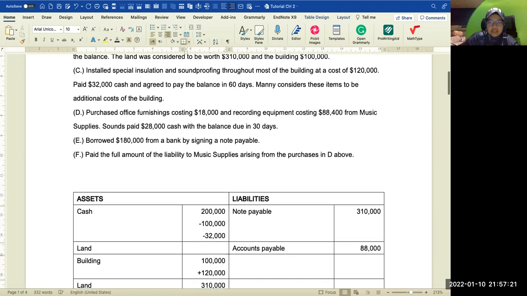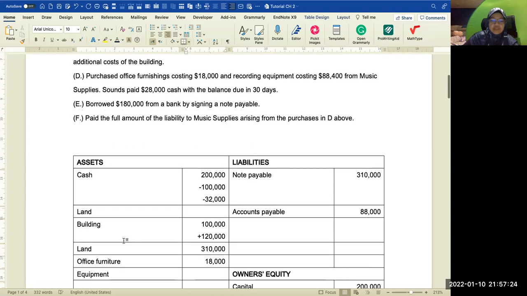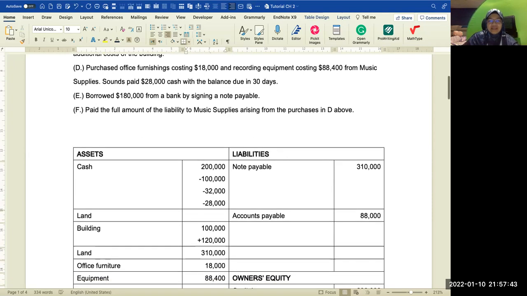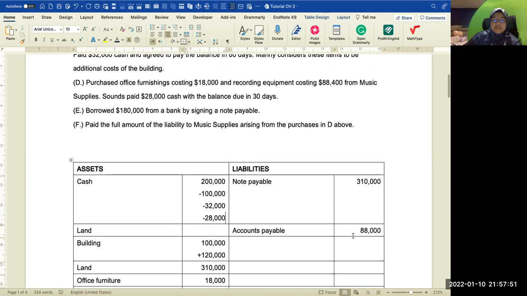Equipment, how much is that? 88,400. So what happened? How do you pay that? So cash reduced by 28,000. And then the balance in 30 days, increasing in accounts payable. Very good.